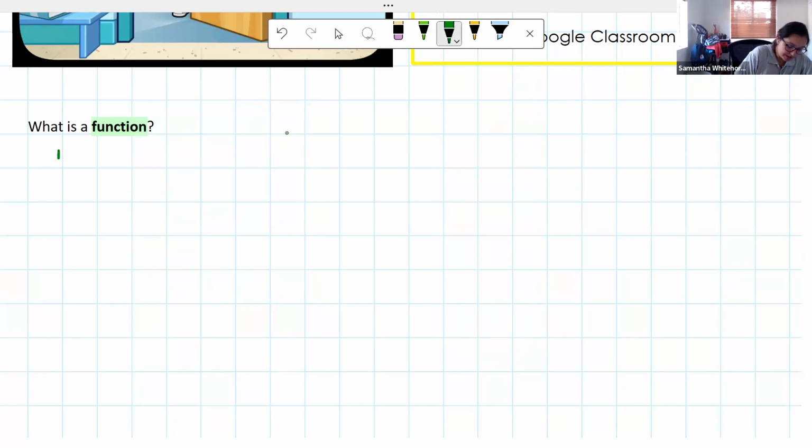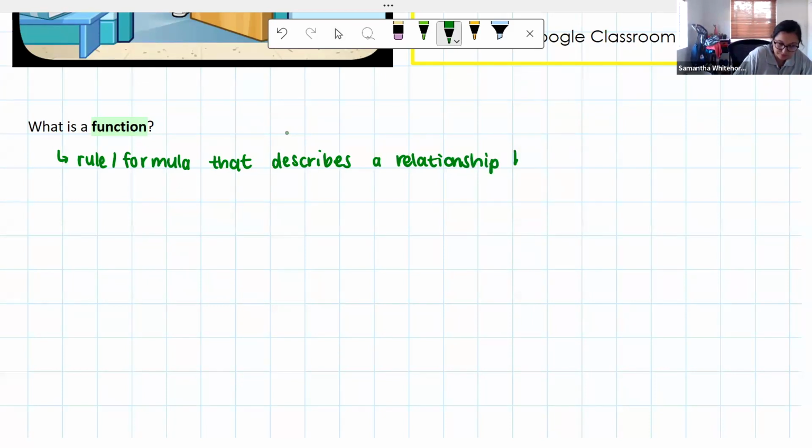Well, a function is essentially a rule or a formula that allows us to describe a relationship. Now we look at relationships that exist between two variables or two values.